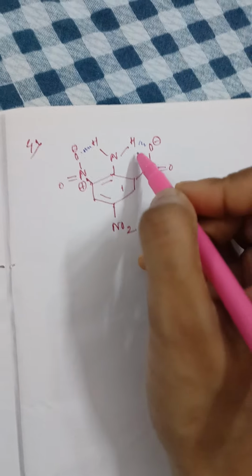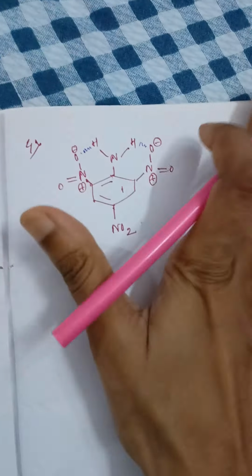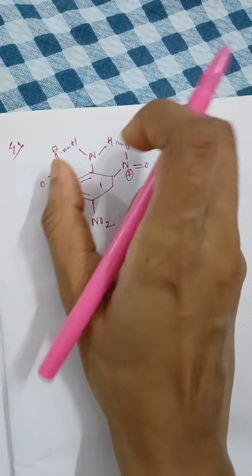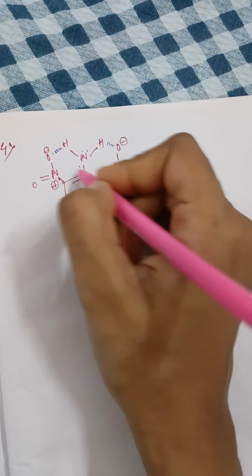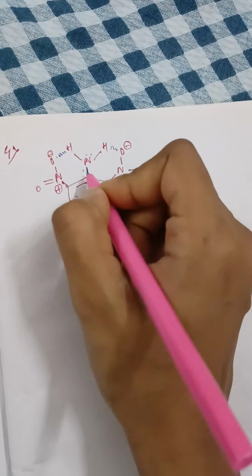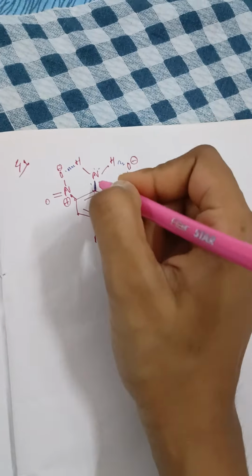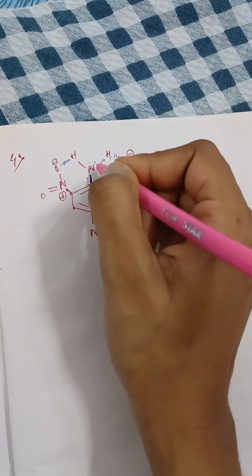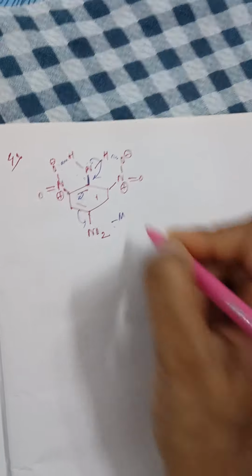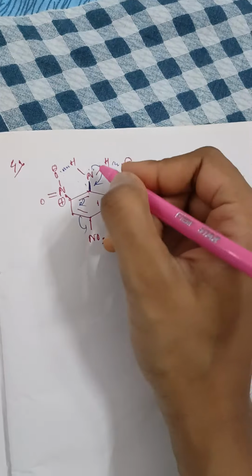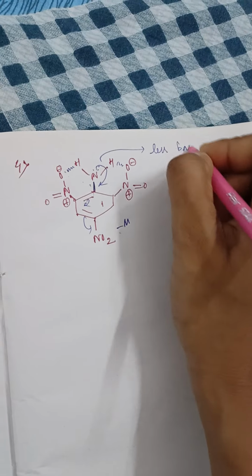But since there are 2 hydrogen bonds, this has to be in plane no matter what, because these 2 hydrogen bonds restrict this NH2 group, so this bond has to be in plane. This bond can't rotate. So since all these are in the same plane, resonance happens. This NO2 group has a minus I effect. Since resonance happens, this lone pair becomes less available, so it becomes less basic.